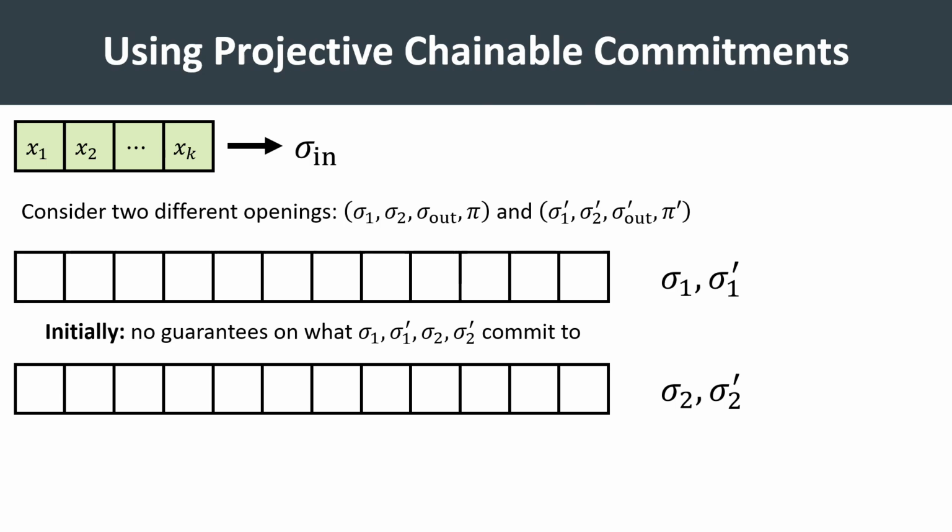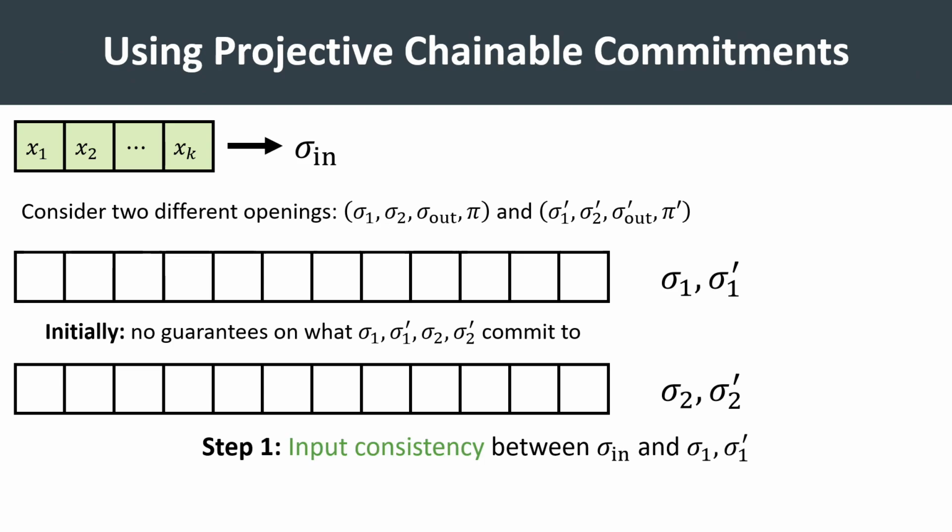So we better use these previous proof systems, these previous building blocks, to now impose certain constraints on what these values are. So let's look at the first constraint, which is the input consistency property. We're going to argue that the input commitment and sigma 1 and sigma 1 prime both agree on their input values. Namely, if I project the commitments to only the prefix of length k, then they actually agree.